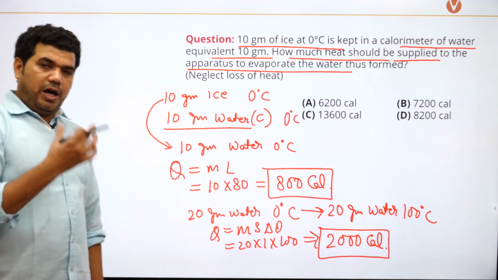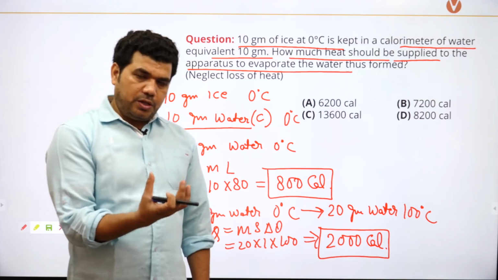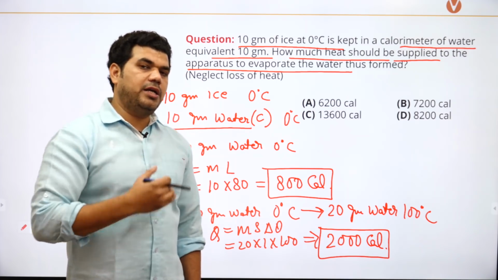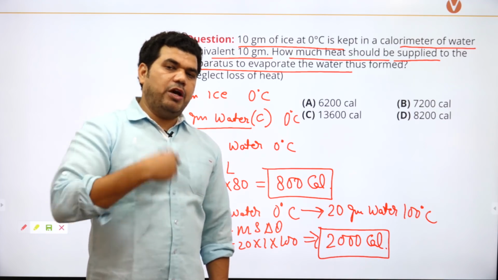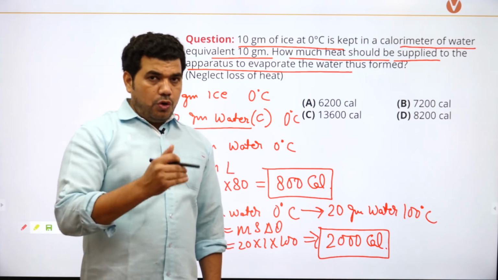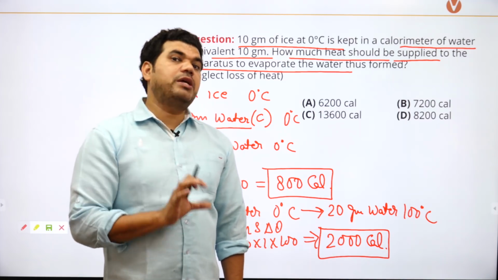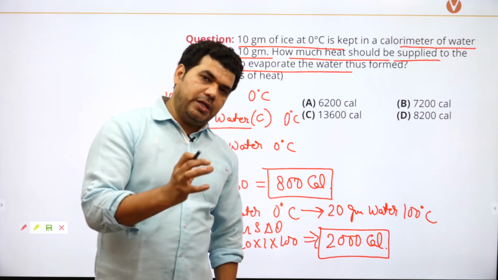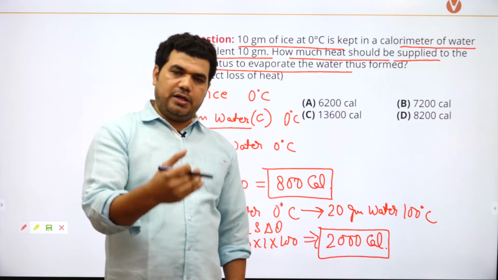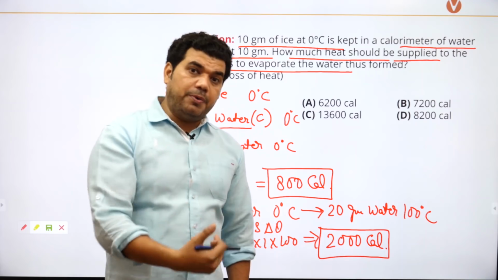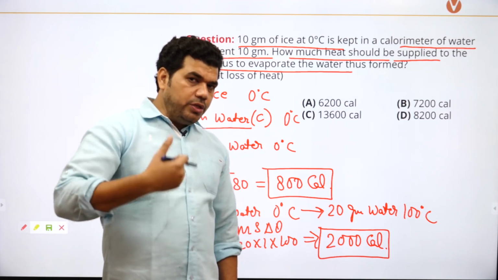Now we have calorimeter, 10 gram water equivalent and 10 gram of water at 100 degrees centigrade. Now we have to evaporate the water. So only 10 gram of water will evaporate, not the calorimeter. So calorimeter remains as it is at 100 degrees centigrade and 10 gram of water will evaporate into steam.